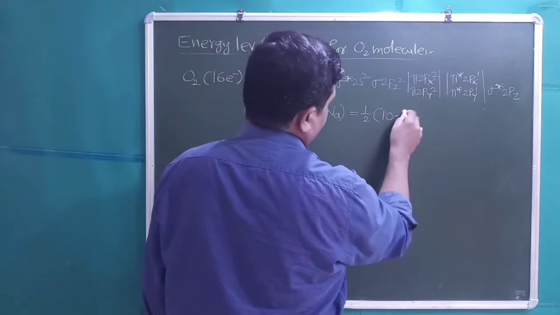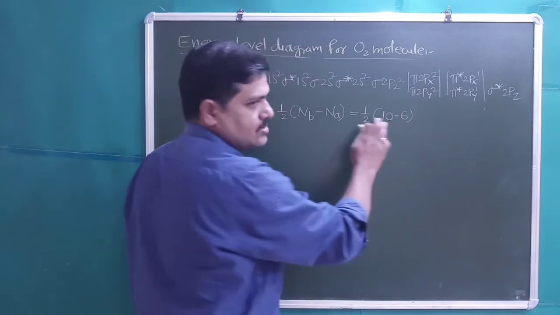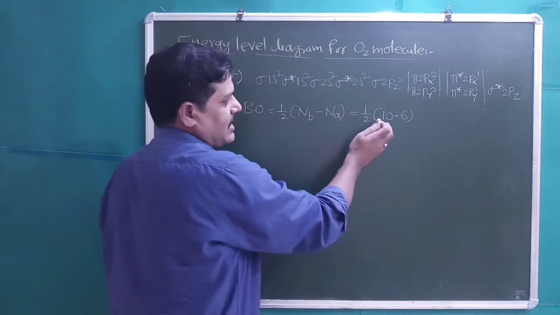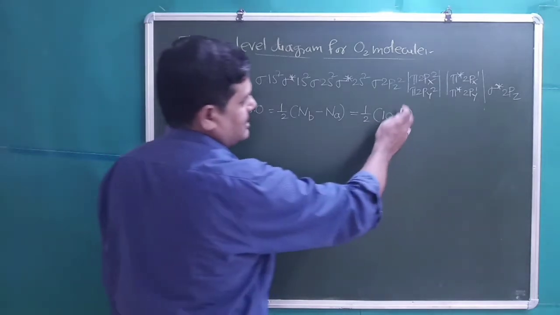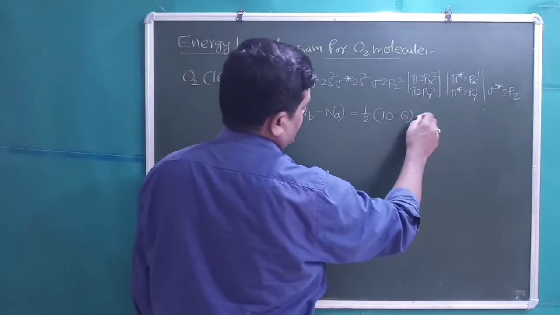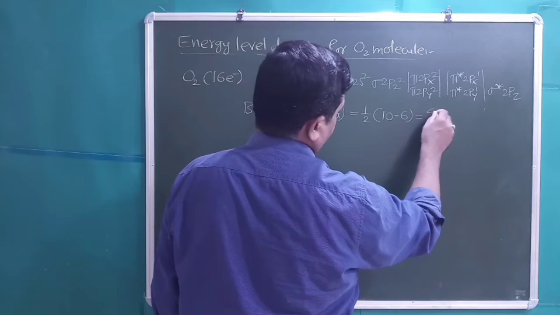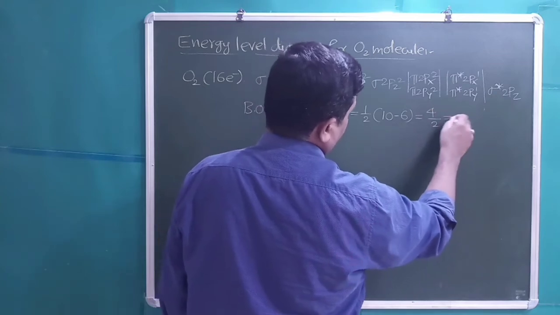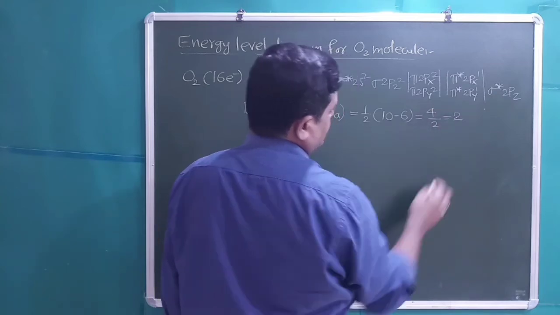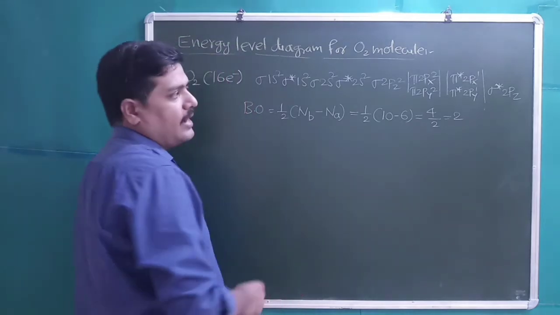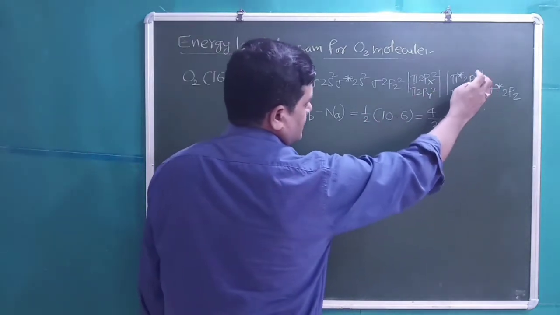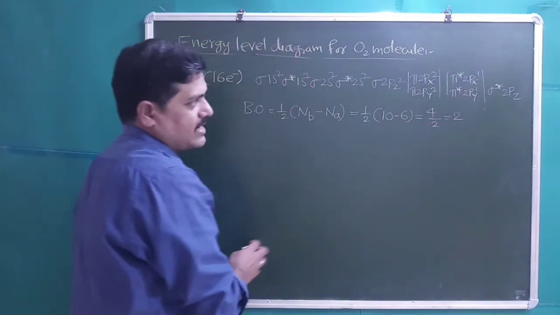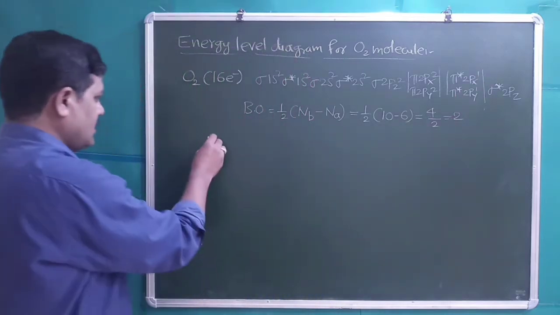Out of the total 16 electrons, 10 are present in bonding molecular orbitals and 6 in anti-bonding molecular orbitals. 10 minus 6 is 4, 4 divided by 2 is equal to 2, right? Bond order is 2 and it has 2 unpaired electrons. So O2 is paramagnetic in nature.